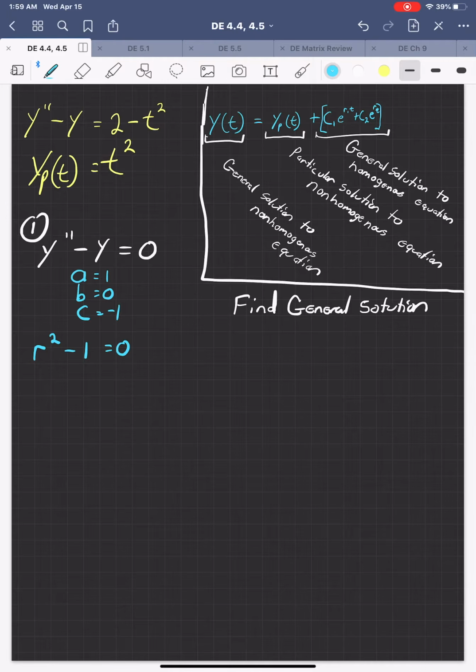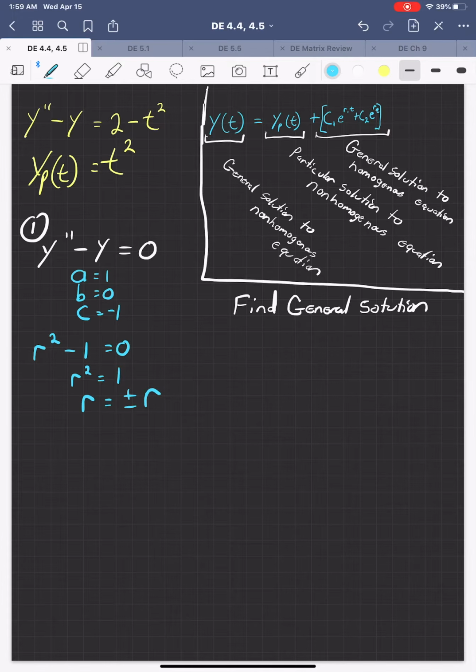Now, I don't need a quadratic formula for this. This is just r squared is equal to 1, or r is equal to plus or minus 1.